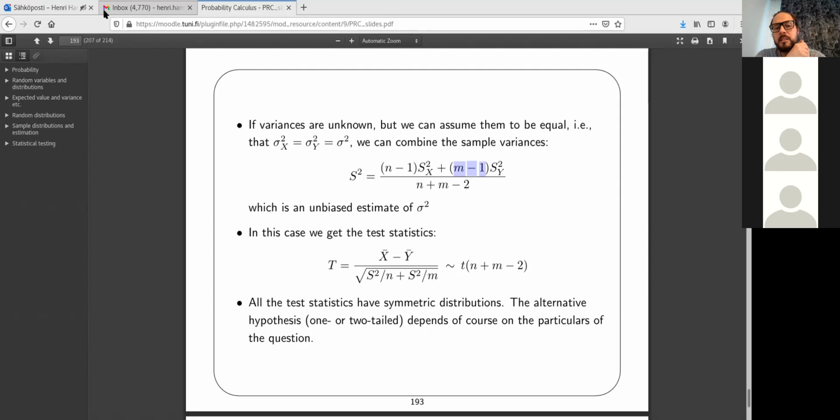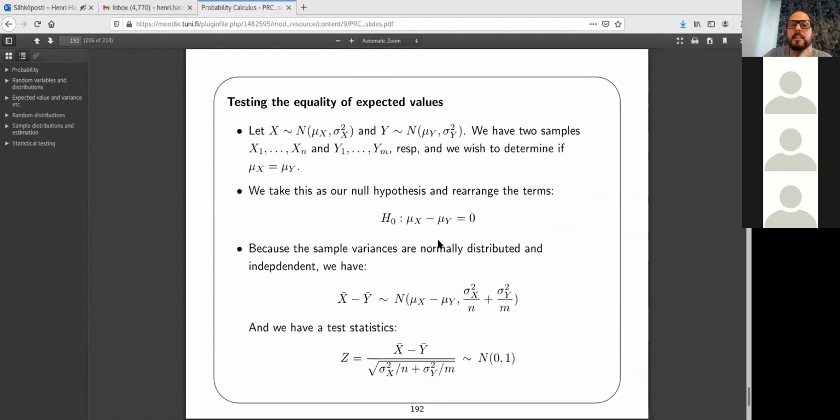And these test statistics have symmetric distributions, and the alternative hypothesis of course depends on the particulars of the question. For example, if we're testing whether a drug works, then we usually have a one-sided hypothesis, meaning that we expect it to be the same or better.